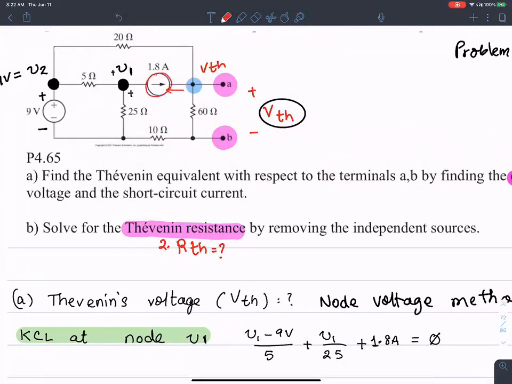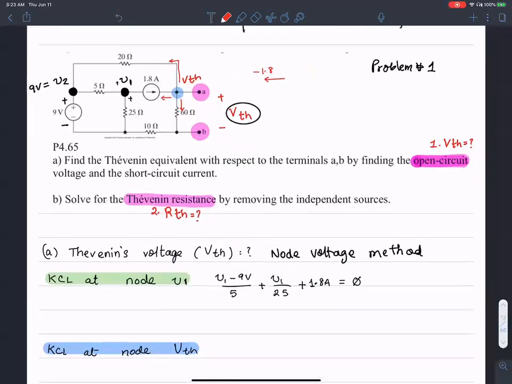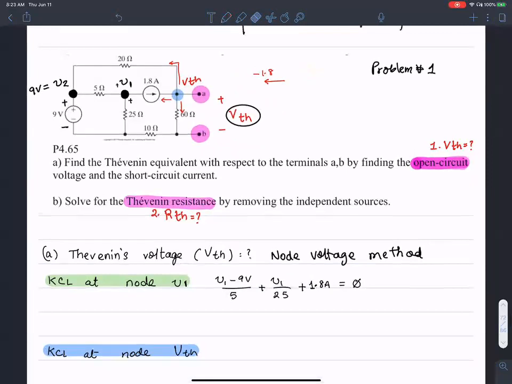So when I account for this current source, I'm going to have to put a negative 1.8 in this direction, which is exactly the same as a positive 1.8 in this direction. But to be consistent with my process, I'm going to consider all the currents as leaving. There are 3 currents leaving in 3 different branches when it comes to KCL at node VTH.